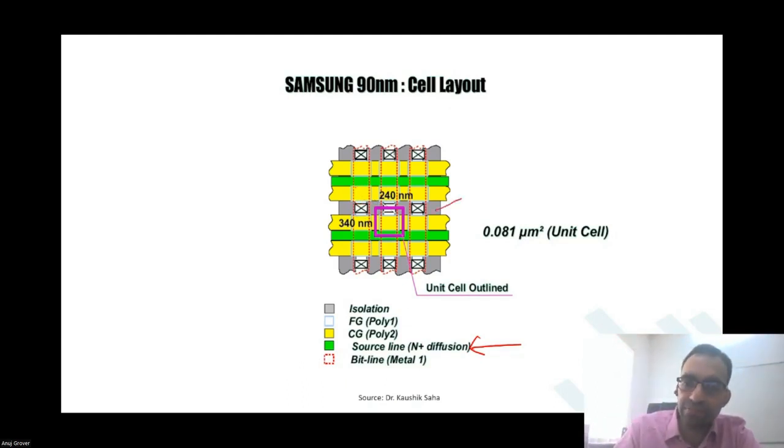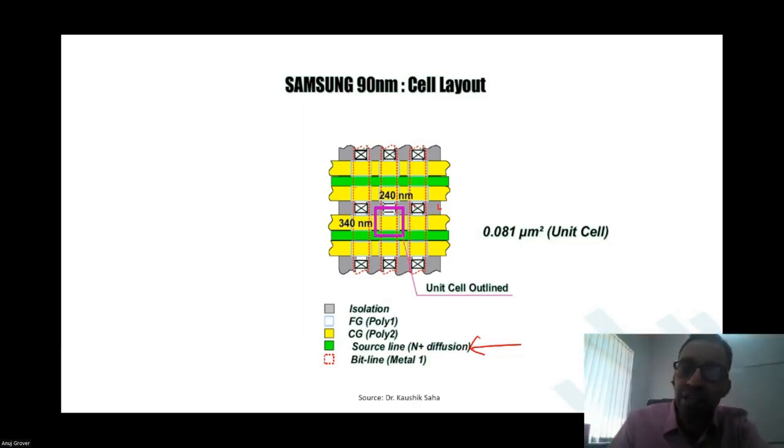Now, this is STI. And do you see that with every cell, there is a set of contacts that are there and everything that is there? So what happens? It takes a little bit more area than you would have desired.